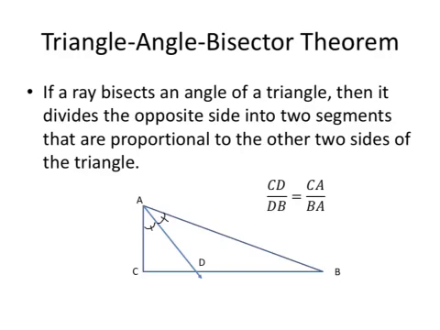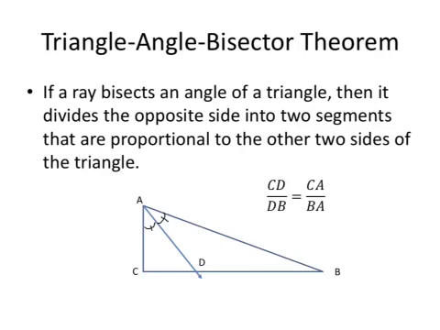If we have an angle bisector, then this ray, that's the angle bisector, divides this opposite side here into two segments that are proportional to the other two sides of the triangle. So we're saying CD divided by DB is going to be equal to CA divided by BA.